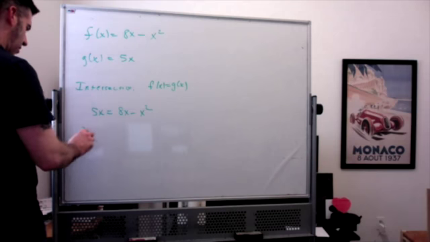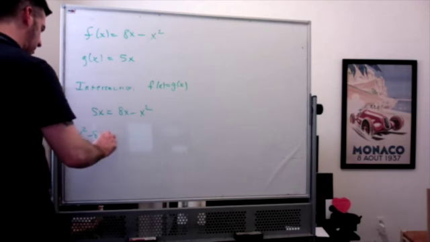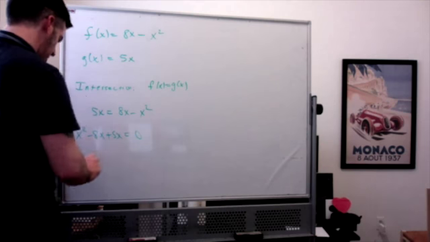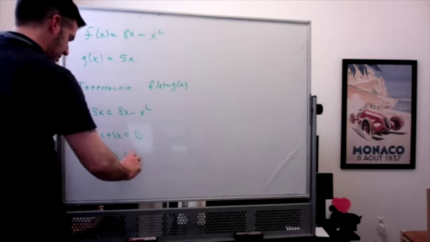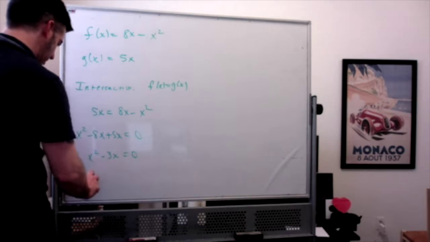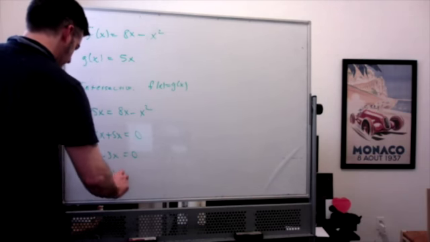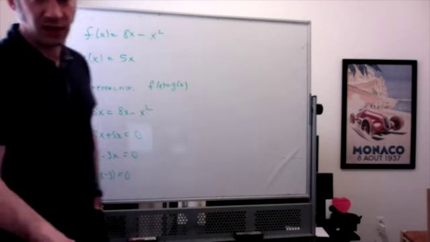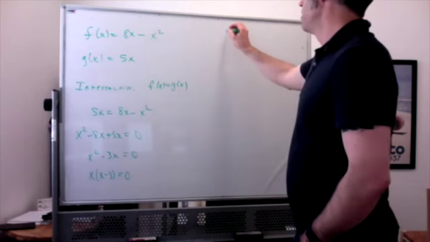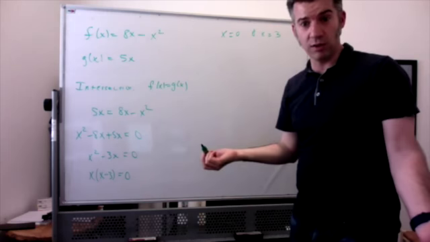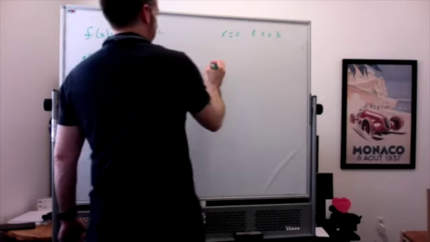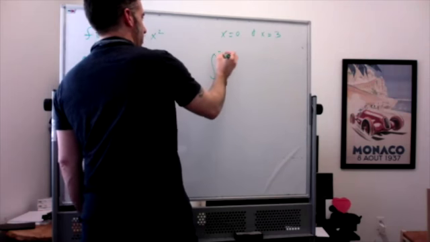Get x squared minus 8x plus 5x equal to 0. So x squared minus 8 plus 5 is minus 3x equal to 0. So factor out an x. So we've got x equal to 0 and x equal to 3, which means those are our limits of integration. Our integral is going to be the integral from 0 to 3.